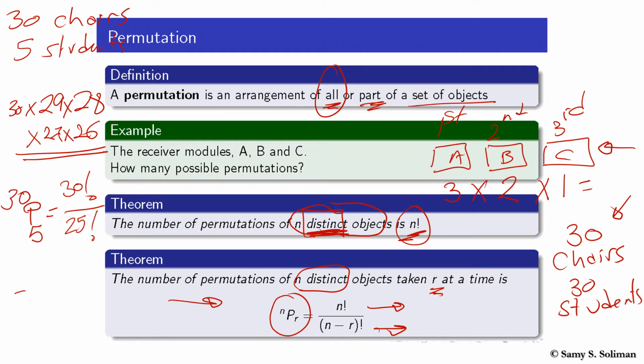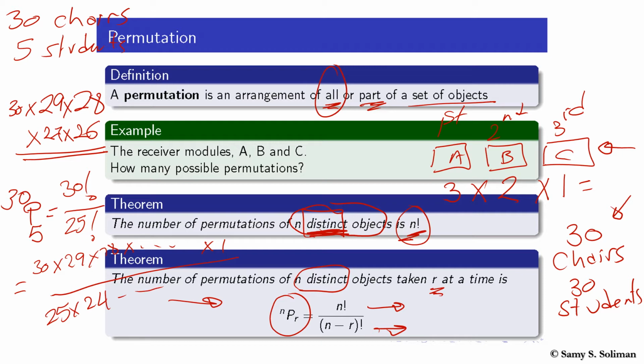So again, by definition, 30 factorial is the recursive multiplication of 30 times 30 minus 1 times 30 minus 2. So that's 30 times 29 times 28 and so forth until 1. And 25 factorial is 25 times 24 and so forth until 1.